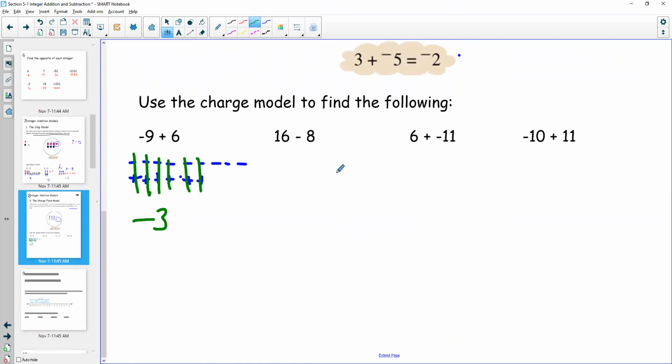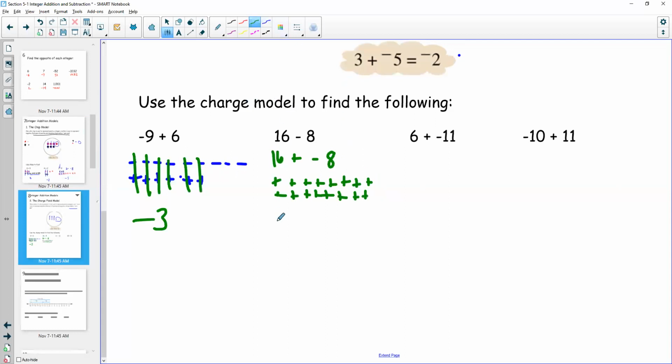Remember a problem like 16 minus 8. We're going to recontextualize this as addition. 16 plus a -8. Okay? So I would draw 16 pluses. Oh, I'm going to be here a while. Almost there. 6, 7, 8.